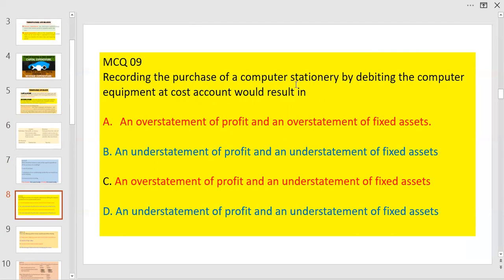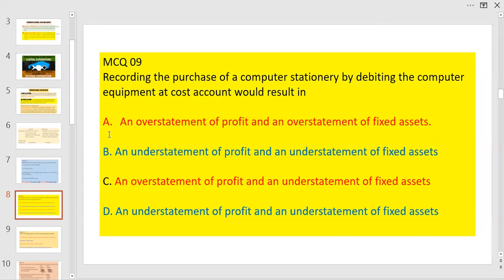First, when the expenditures are shown less, obviously the profit will get overstated. In statements A and C, we see this situation. Similarly, when you add something incorrectly to fixed assets, it will show as higher than it should be. Therefore, it will be an overstatement of fixed assets. Therefore, the answer is A.